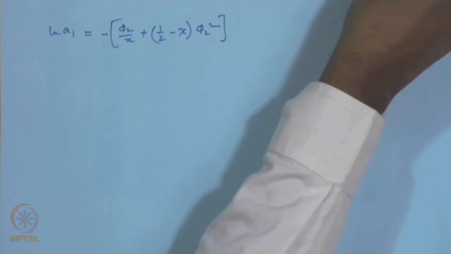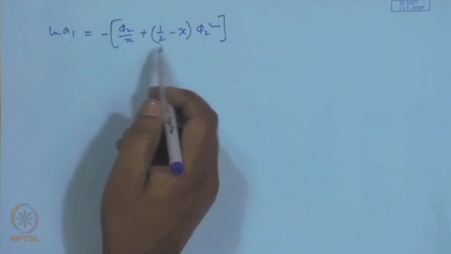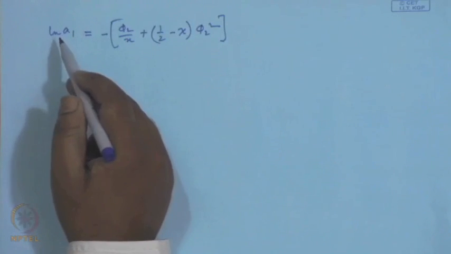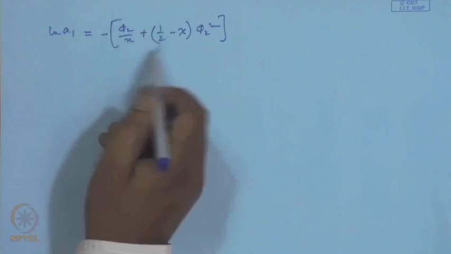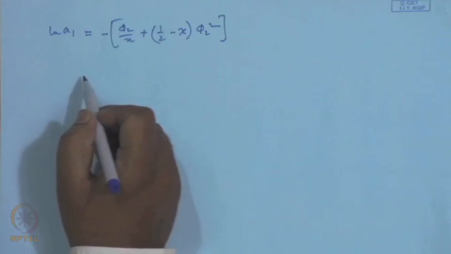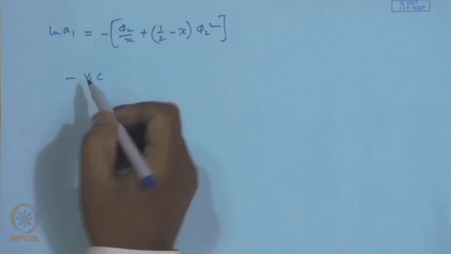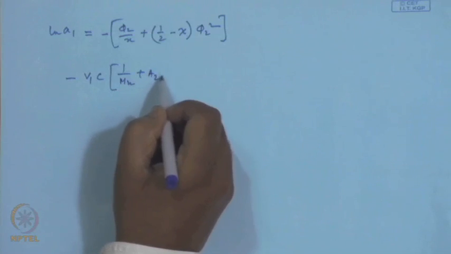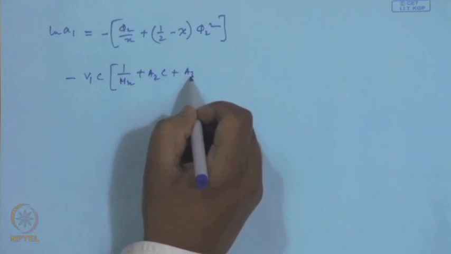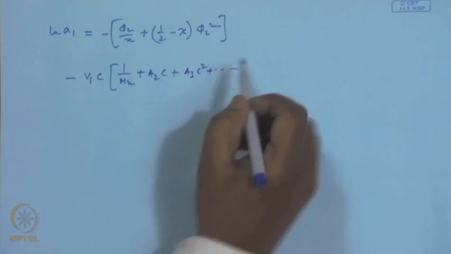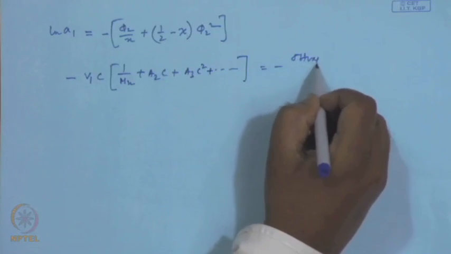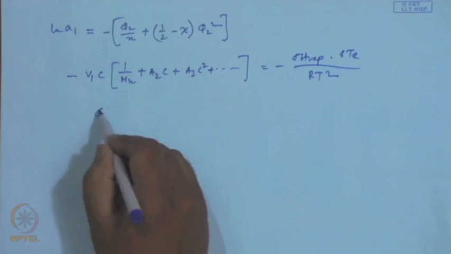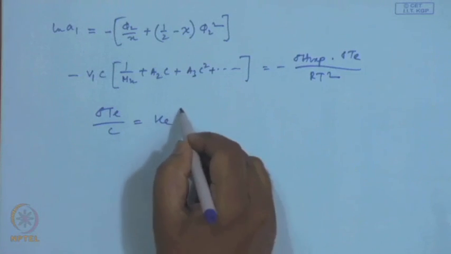So, if you compare the earlier equation and the derivation we did for osmotic pressure, we can simply write this part as minus V1 C, where V1 is the molar volume of the solvent, 1 by Mn, minus delta H vaporization, delta Te, so delta Te by C, K 1 by Mn.